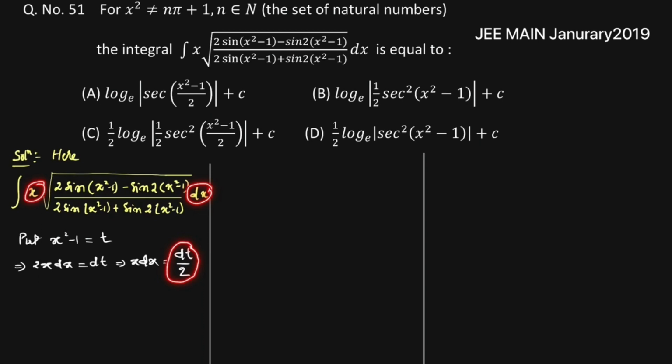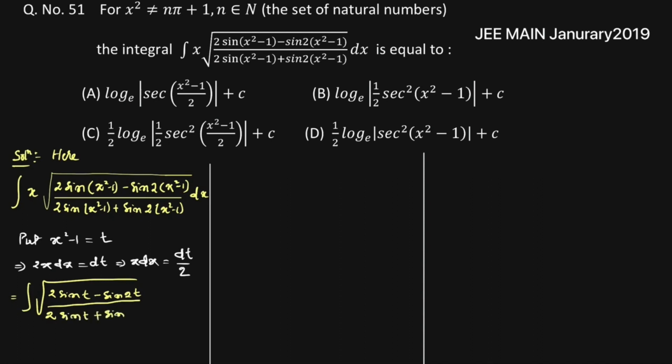Therefore the above integration we are able to write as integration of root over 2 sin t minus sin 2t divided by 2 sin t plus sin 2t, dt by 2.